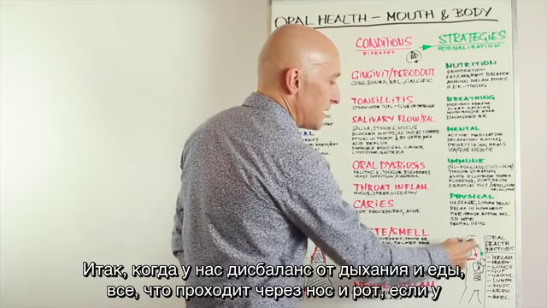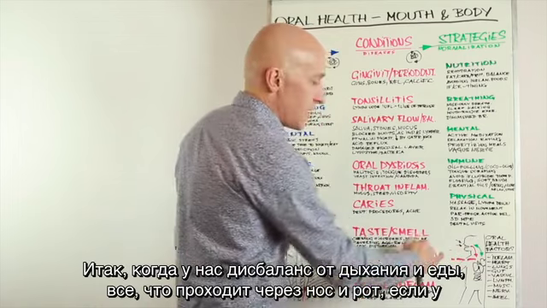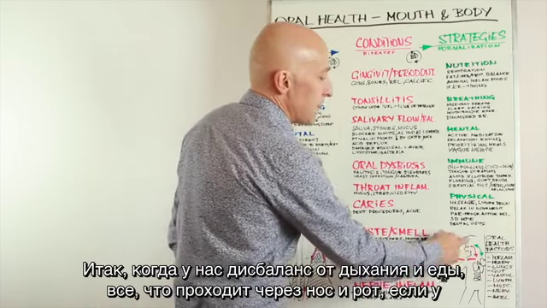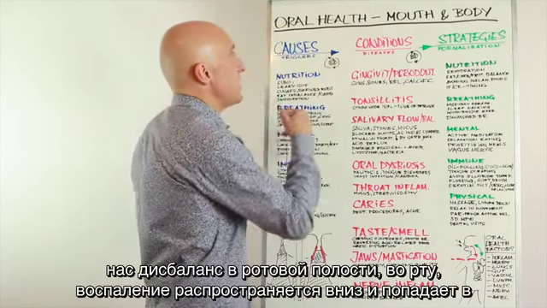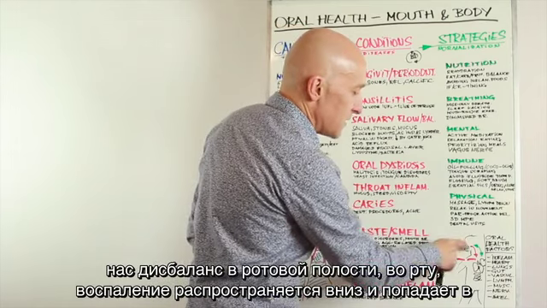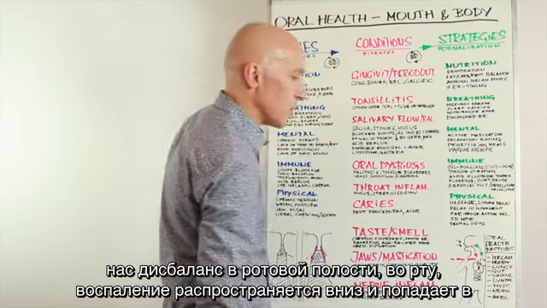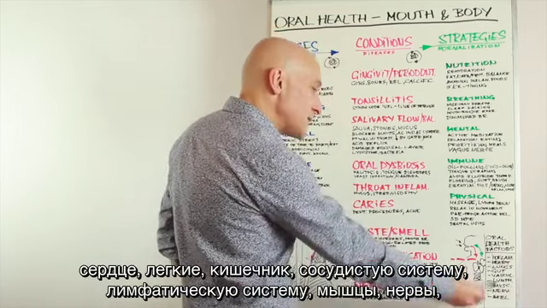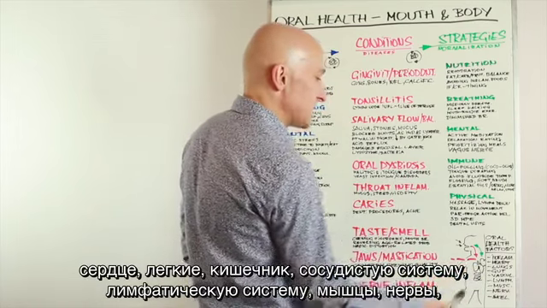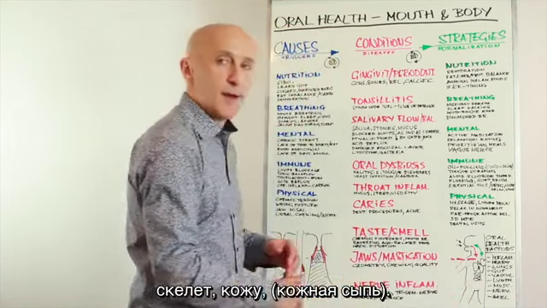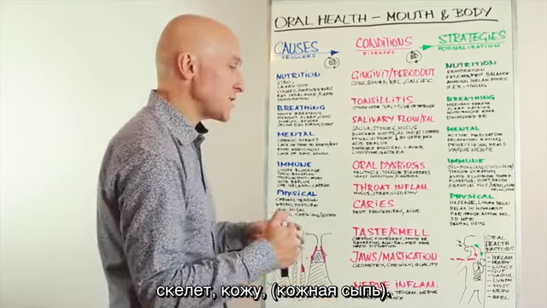So when we have imbalance through breathing and eating, everything that's coming through the nose and through the mouth, if we have imbalance in the oral cavity, in the mouth, the inflammation proliferates downwards, and we have the heart, lungs, gut, vascular system, lymphatic system, muscles, nerves, skeleton, we have skin rashes.